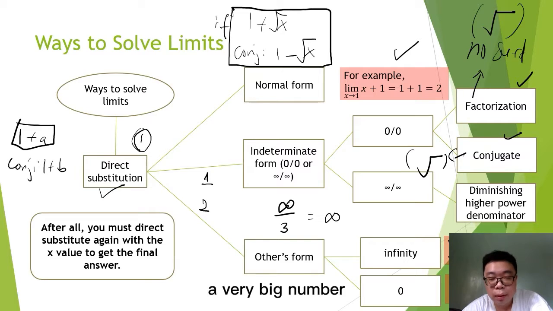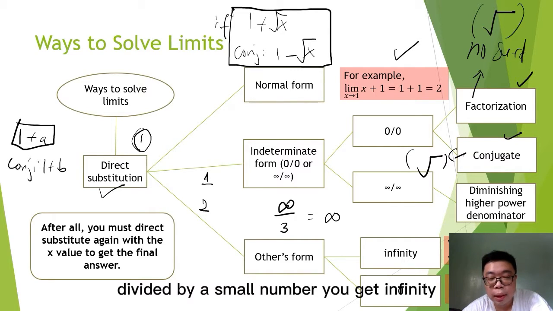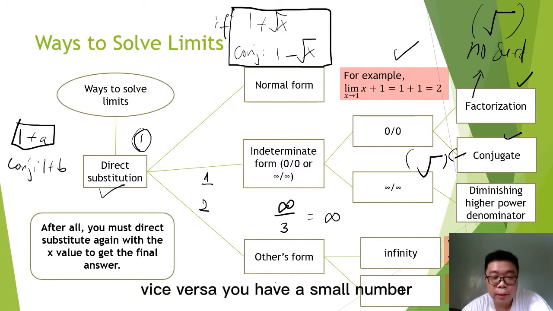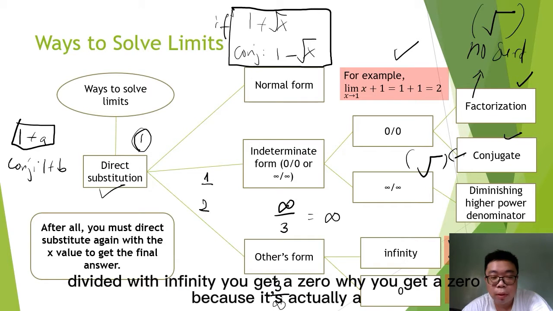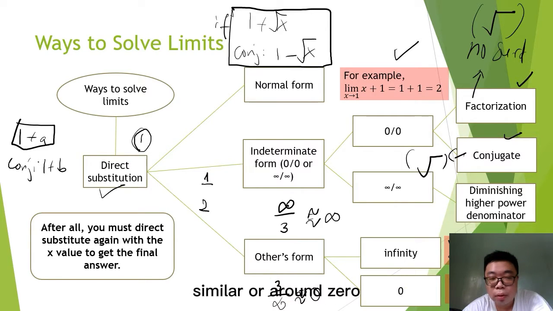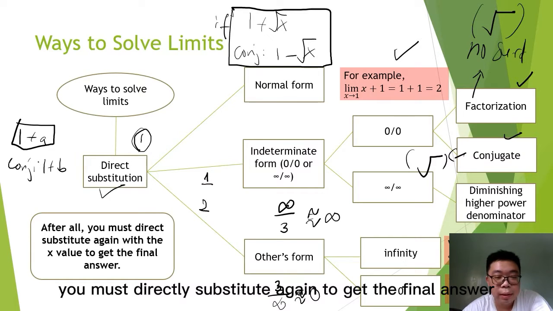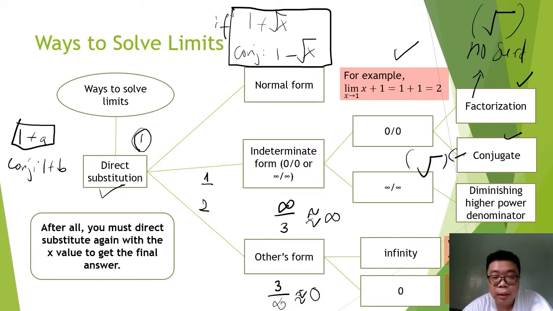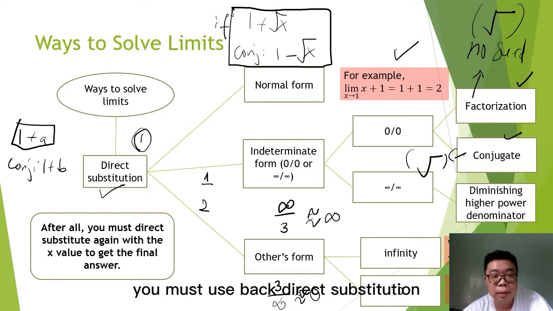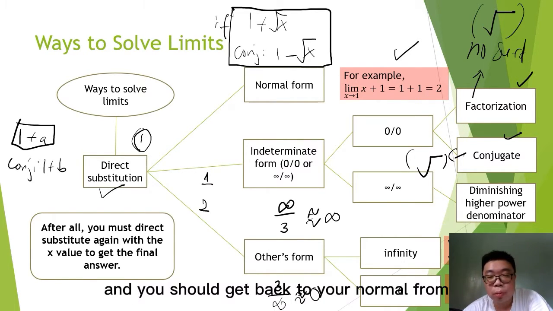A very big number divided by a small number gives infinity. Vice versa, a small number divided by infinity gives 0, because it is approximately 0. After all this, you must directly substitute again to get the final answer, so you get back to your normal form.